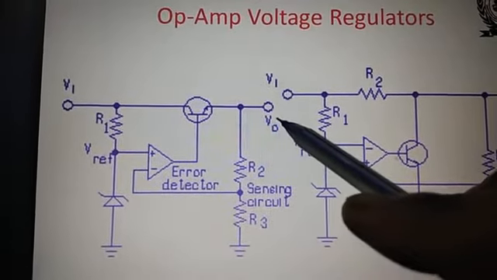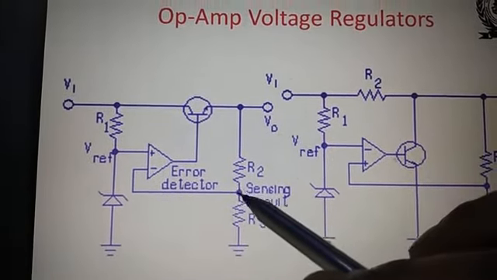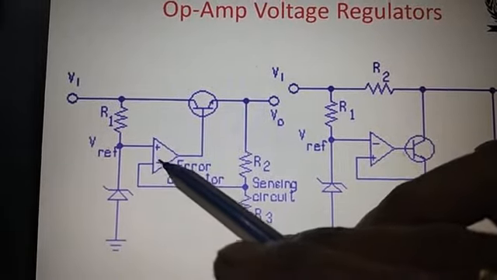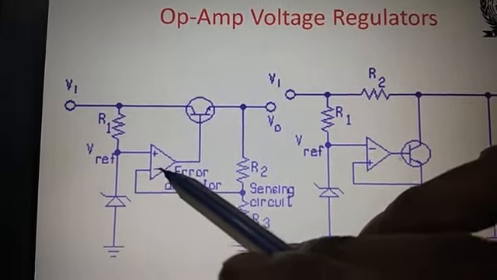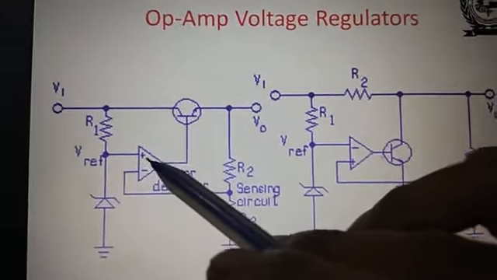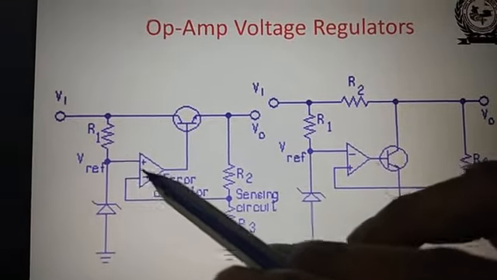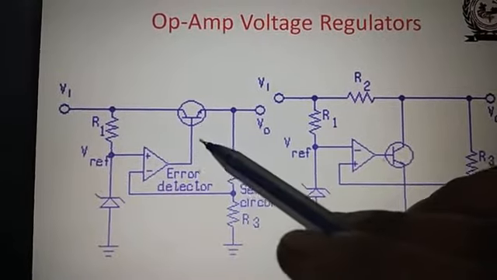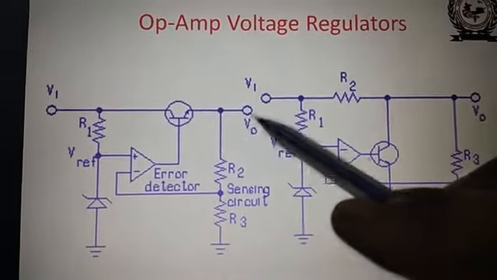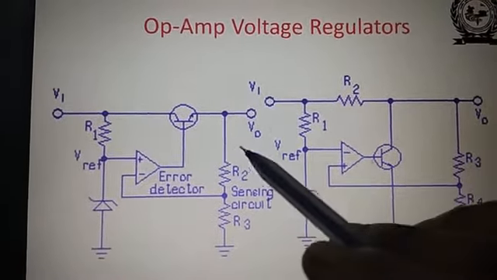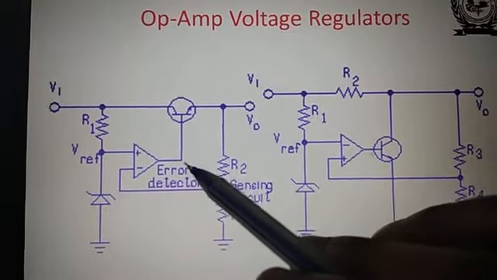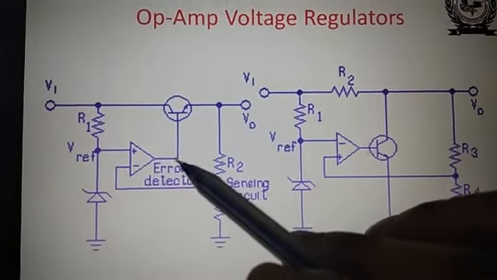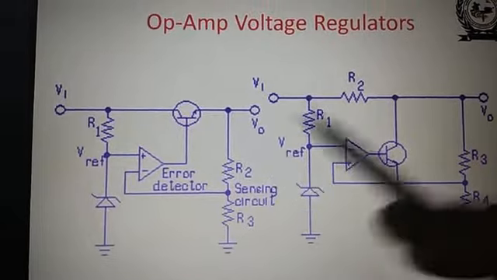If output voltage increases, the feedback also increases. As this feedback increases, there will be a change in the difference between reference voltage and feedback voltage, and current either increases or decreases depending upon the output voltage. Finally, if the error voltage becomes 0, the output will be constant.